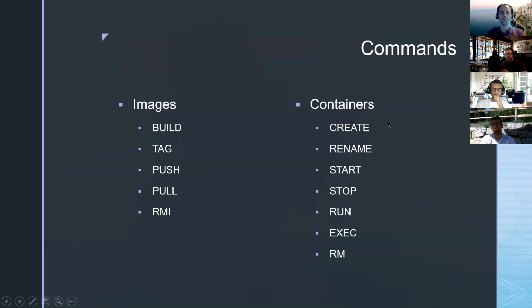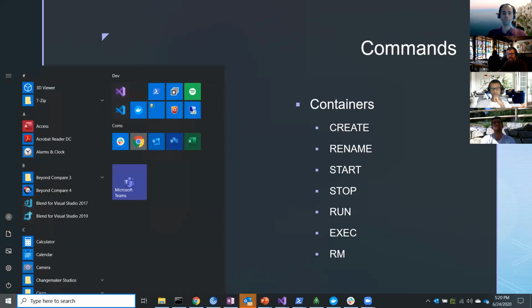With containers, you can create them, rename them, start them, stop them. Run is kind of create and start in one command. Exec allows you to hit an existing container, and then it has its own remove. So let me just show you. That's not to memorize those, but just to be aware of the distinction.